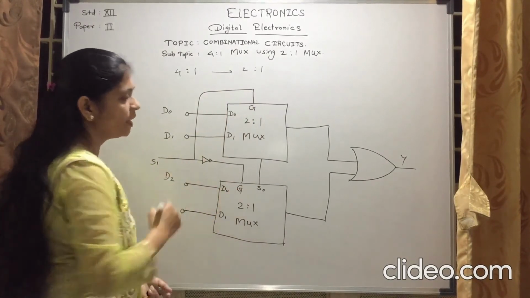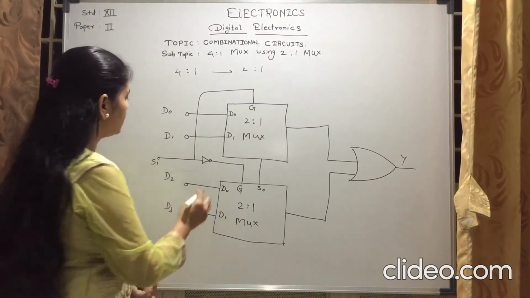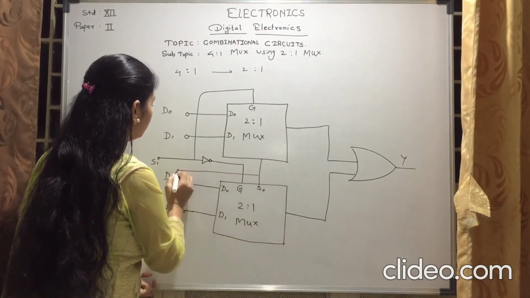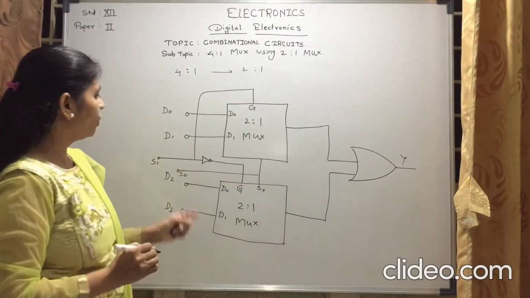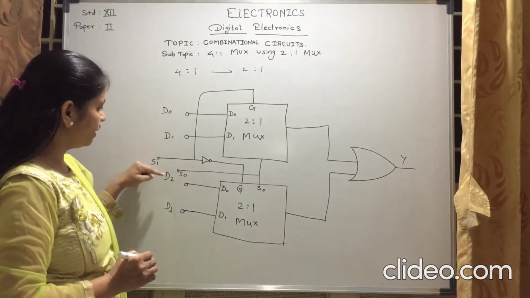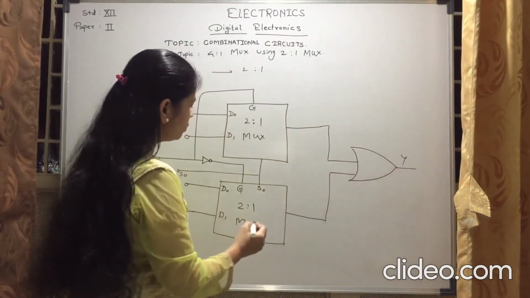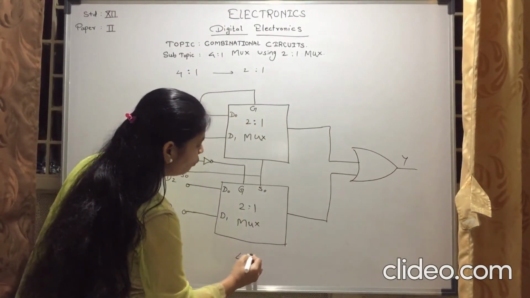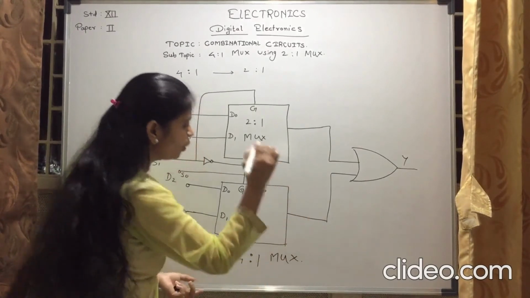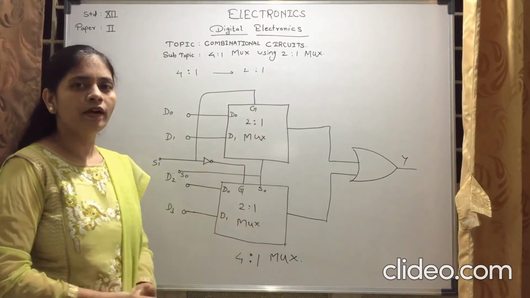Strobe is denoted by G. Now, this is S1, one select line, and this is S0, another select line. So now we have S0, S1, 2 select lines, and D0, D1, D2, D3, 4 inputs and 1 output. Means we have now derived 4 to 1 multiplexer. It is the 4 to 1 multiplexer using 2 to 1 mux.